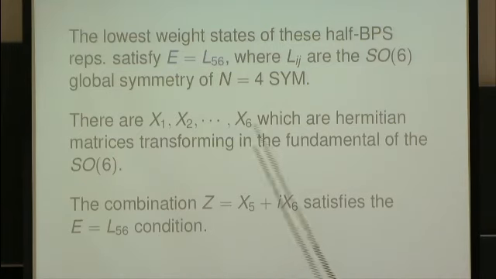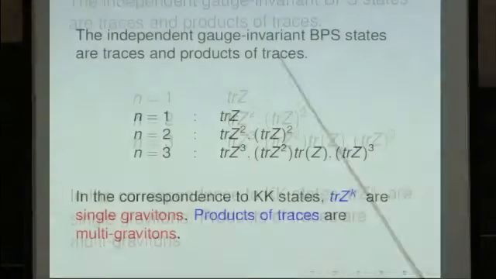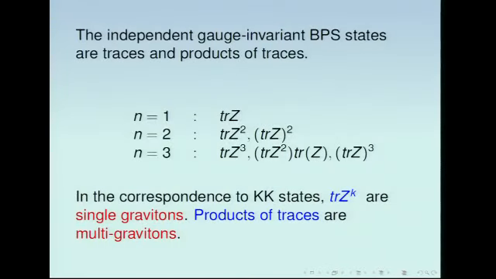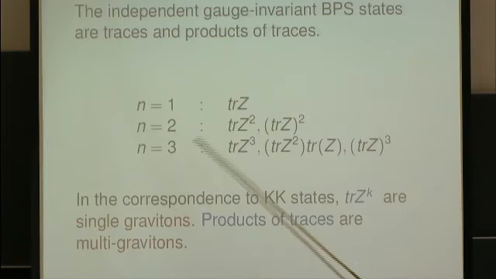So this is an exact equation that holds in the free theory, free Yang-Mills, as well as the interacting theory. So for n equals 1, we want them to be gauge invariant states, trace Z. For n equals 2, you can have trace Z squared, or trace Z the whole squared, and so on. So you see, why did we get partitions? It is because if you have two Z's, you can put them all in one trace, or you can put them in single traces. So this is 2 equals 2, this is 2 equals 1 plus 1, one trace and another trace, and so on.